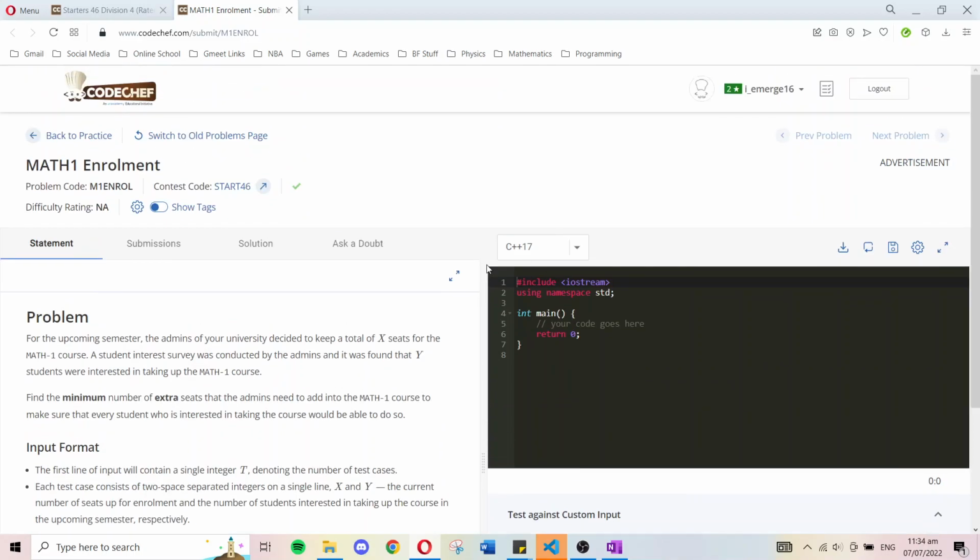That's also the reason why I wasn't able to participate in the July cook-off, because I got a high fever on July 3, and I was so weak back then. I think my temperature skyrocketed up to 38.5 or even 38.9, which is crazy, but at least I'm fine now.